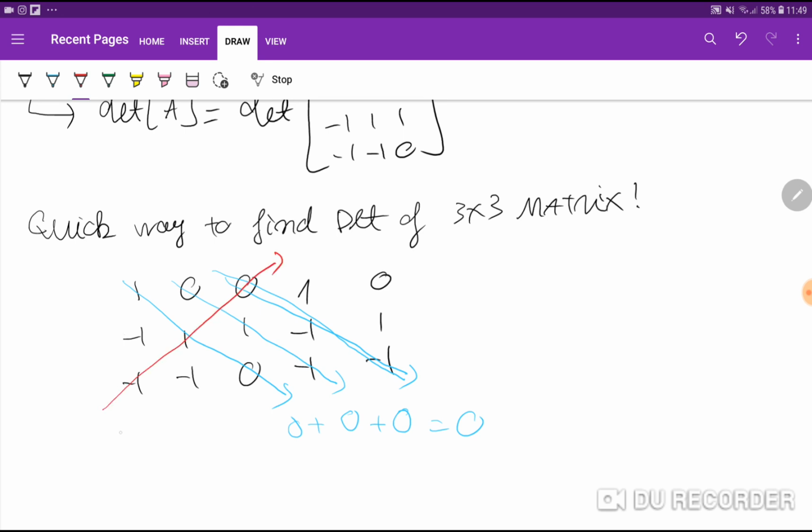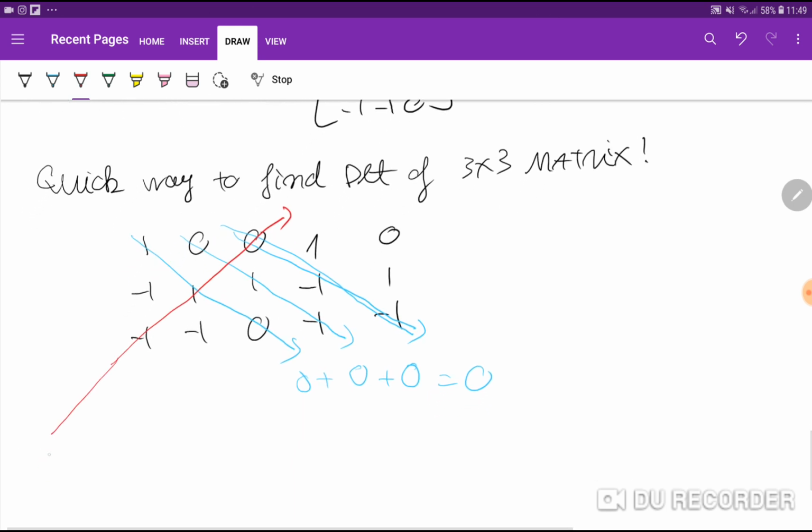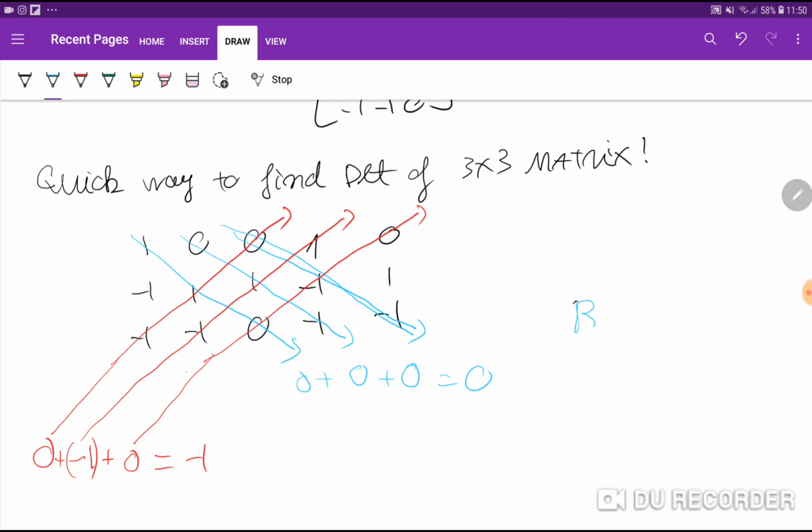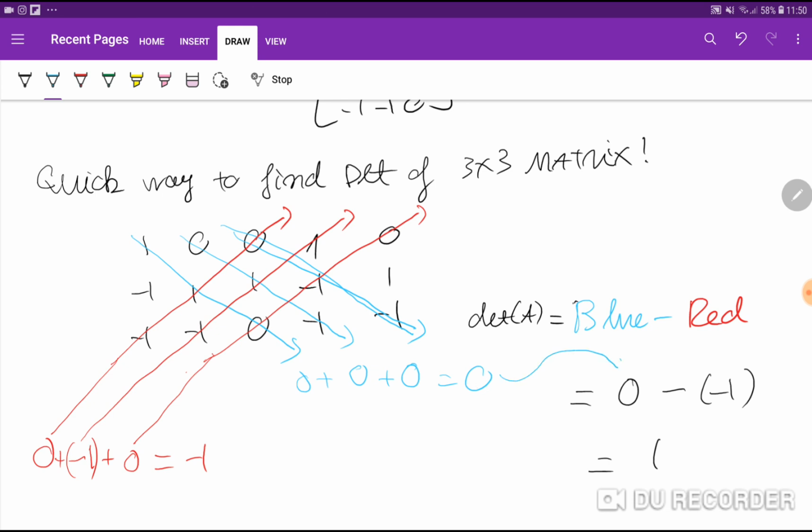Those products are all 0 except one, and when you add them you get negative 1. So the determinant of A is blue minus red, which is 0 minus negative 1, which is 1.